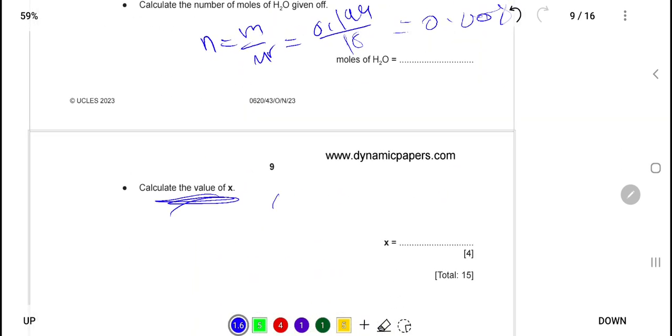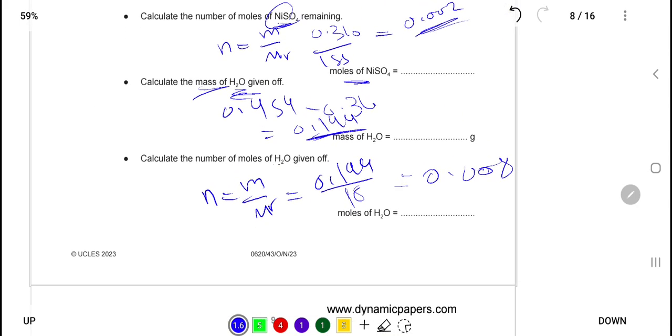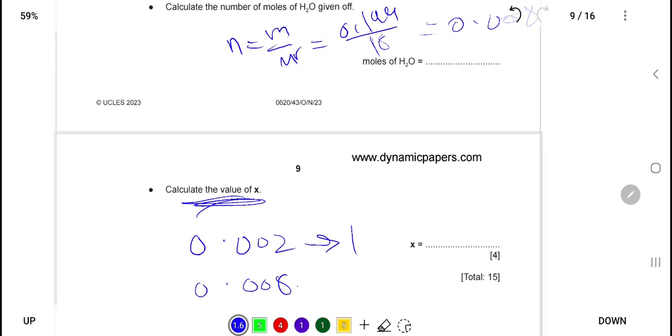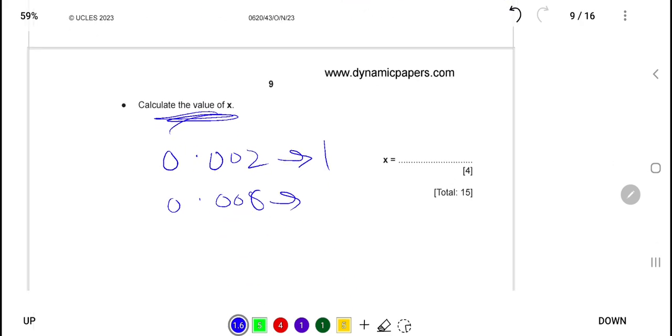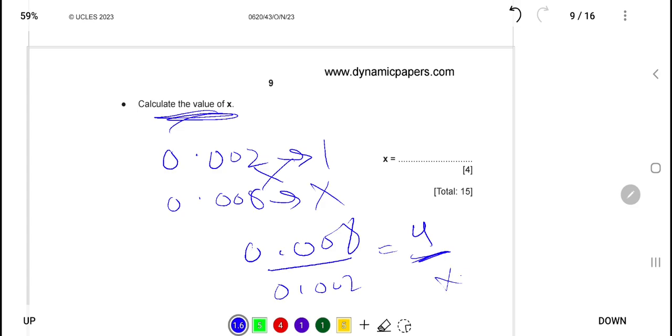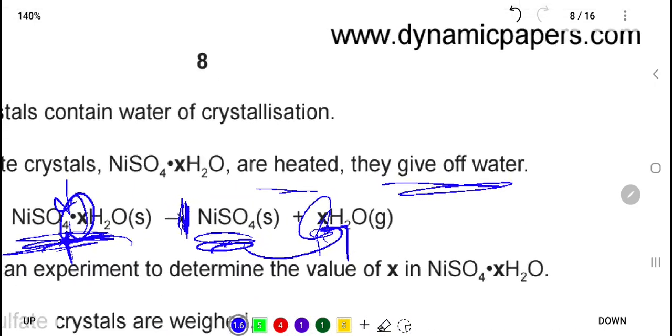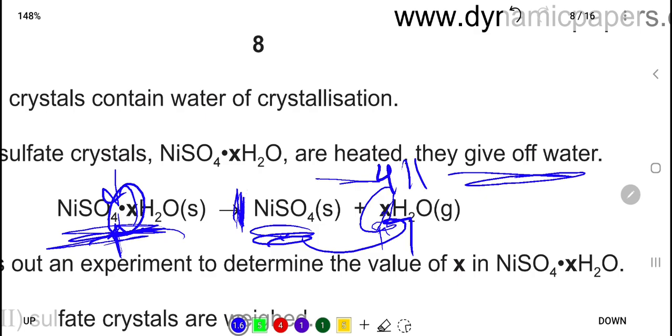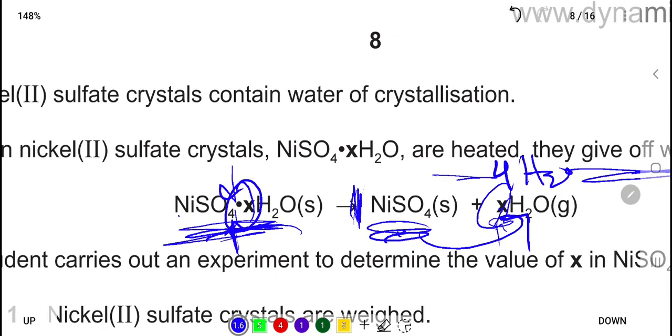So 0.002 moles equals 1 mole in the equation. Now for H2O, we've got 0.008, but we don't know what it equals, and this is where we find it. We cross multiply: 0.008 divided by 0.002 is 4. So the value of x equals 4, so for H2O, it's 4H2O. And the same for this: it is going to be NiSO4 dot 4H2O.